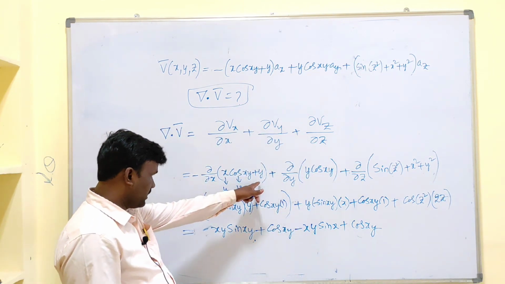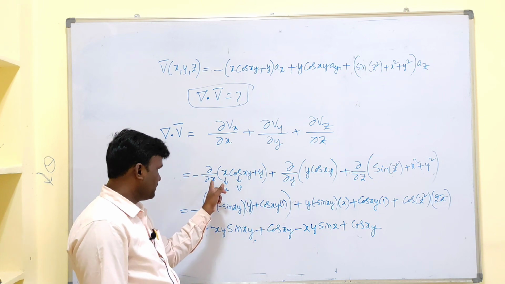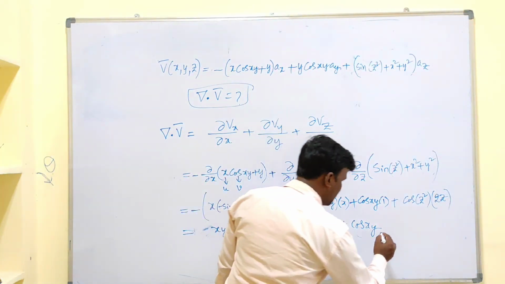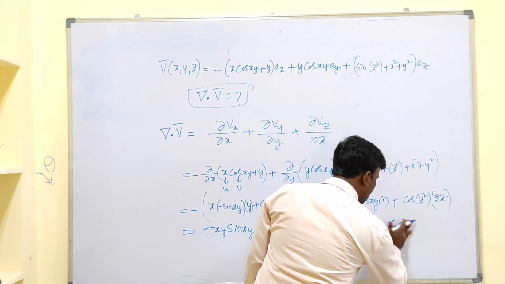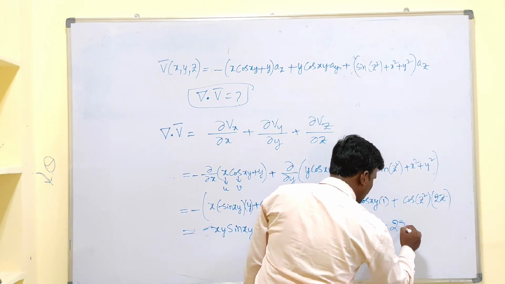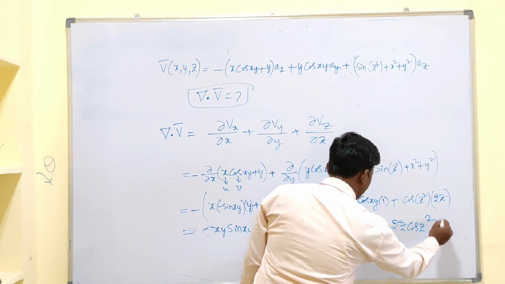Of course, I forgot to tell about this y: the partial differentiation of y with respect to x is 0. cos xy plus, I am writing this one like this, that is 2z cos z square.